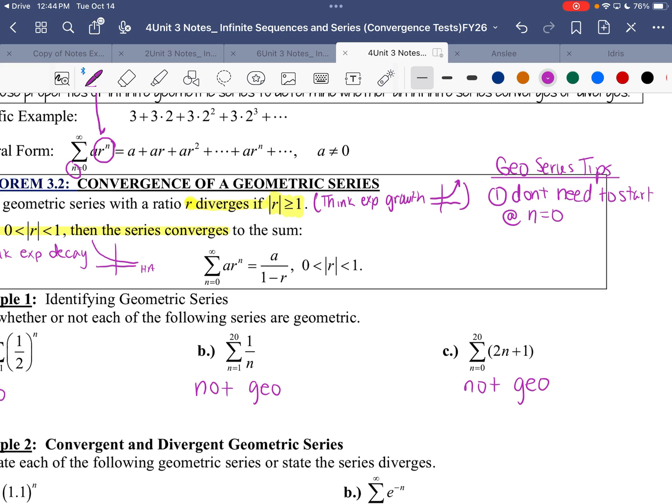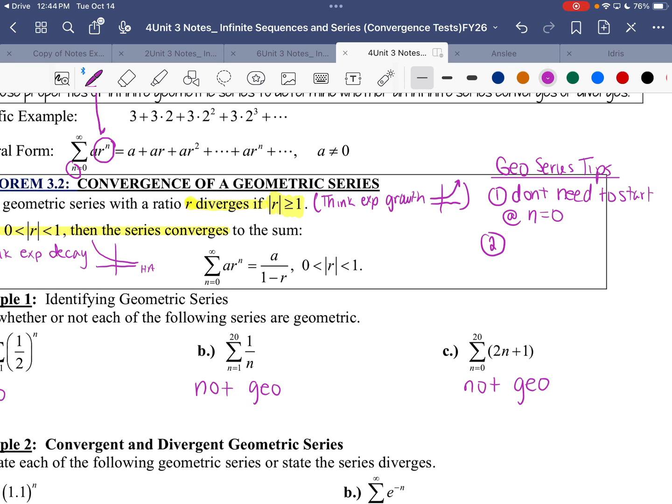They can start anywhere. What I mean by start at is, in this equation you have n equals 1, but really, or 0. It could be 1, it could be 2, just numbers and whole numbers. So it could start at 0, but it could start somewhere bigger, and it doesn't mean that it's not a geometric series just because it started somewhere else.